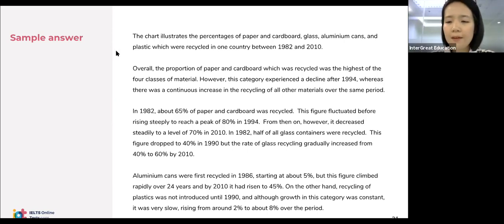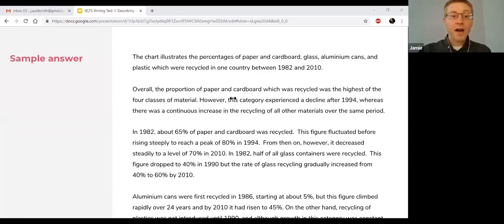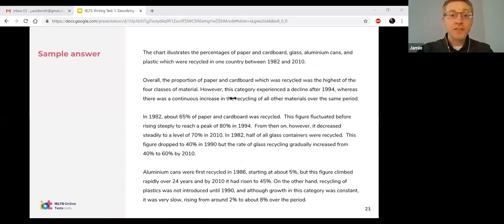Yeah, and we have some more questions just in the chat section. Is it necessary to paraphrase all the words in the introduction? Again, that's a very good question. And it is not essential to paraphrase every word at all.